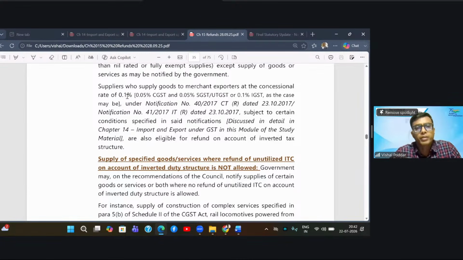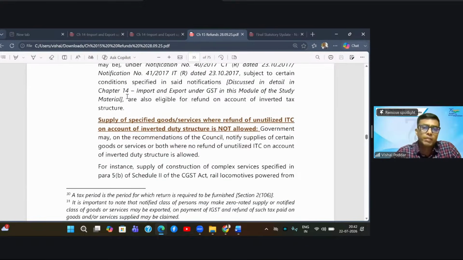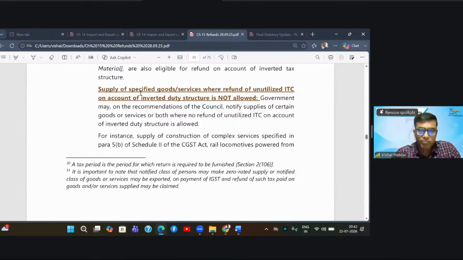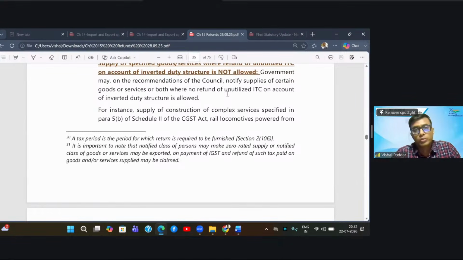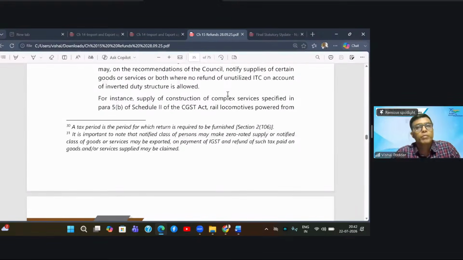Again, this is covered in the inverted duty structure. Now, supply of specified goods and services, where refund of unutilized ITC on inverted duty structure is not allowed. So the government, on recommendation of the council, has notified supplies of certain goods where no refund of unutilized ITC on account of inverted duty structure is allowed.